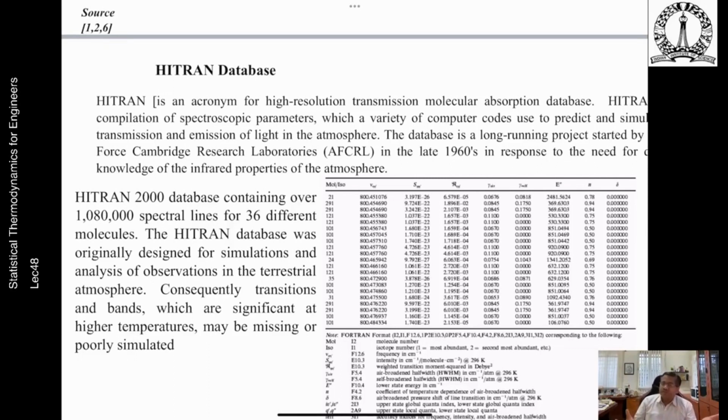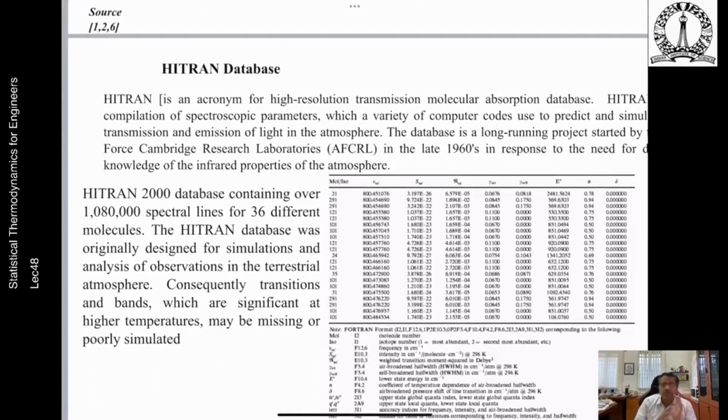Where a variety of molecular computer codes are used to predict and simulate transmission and emission of light in the atmosphere. The database is a long-running project started by the Air Force Cambridge Research Laboratories in the late 1960s, right? The HITRAN database is composed of over 1 million spectral lines of 36 different molecules.